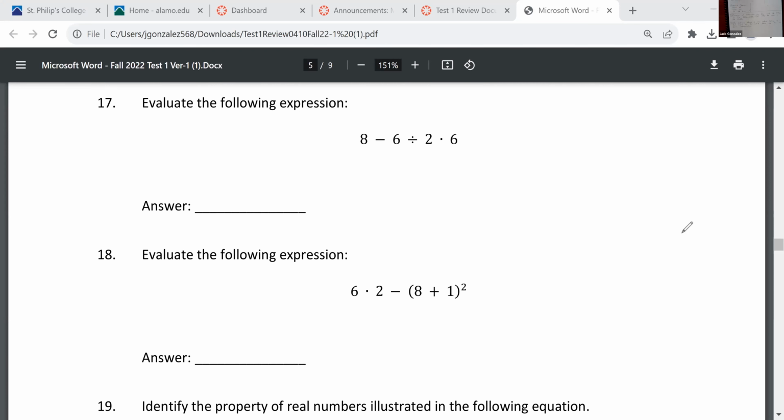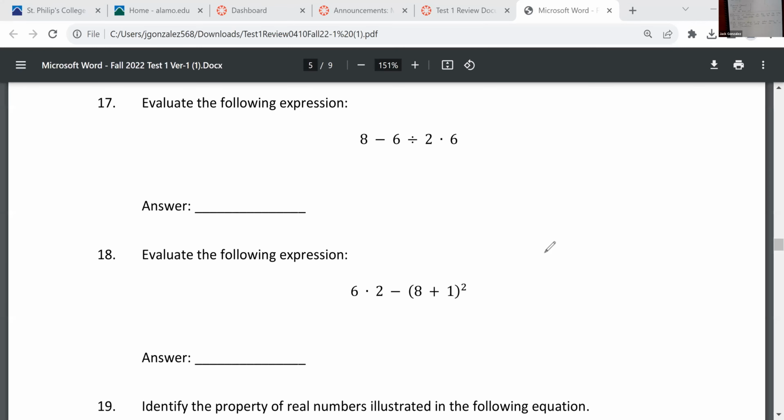What has the highest priority? Multiplying and dividing. Above that is what? Top is parentheses, then exponents, then multiplying, then addition.